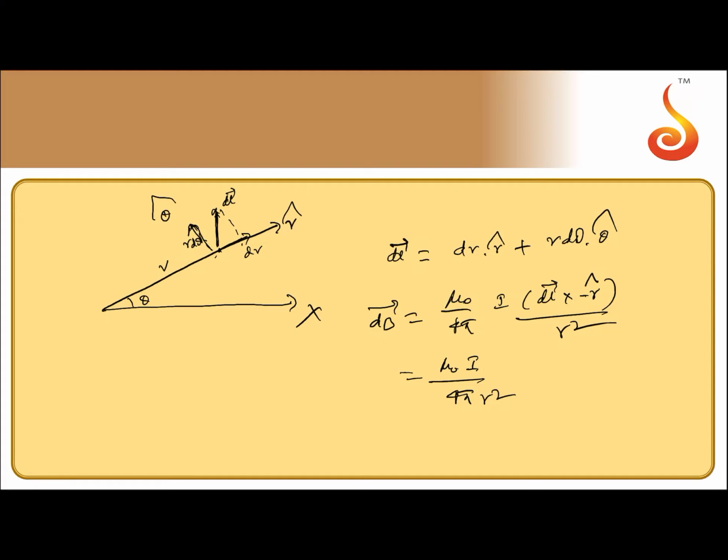This dl cross r cap will be along k cap, and dl cross r is r d theta.